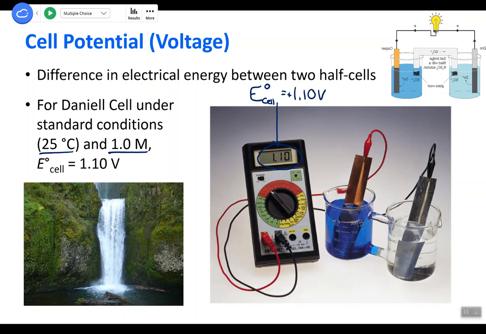This is a spontaneous process. It's going to cause the flow of electrons to occur. We can consider the voltage of a cell like the height of the waterfall.